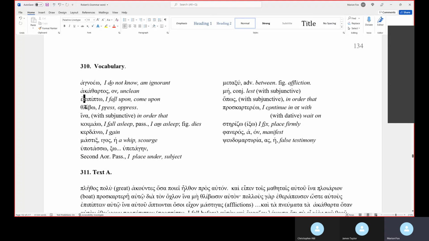What we have is a noun form; this is a verb, of course. The noun form is the word for oppression or persecution, and it's translated in several different ways with that idea. But the pressing of someone, you're pressing them hard.